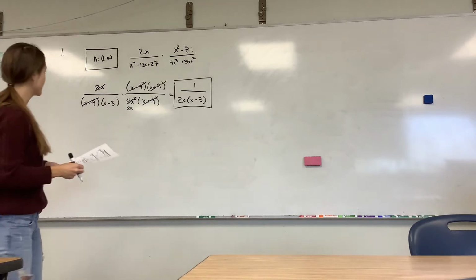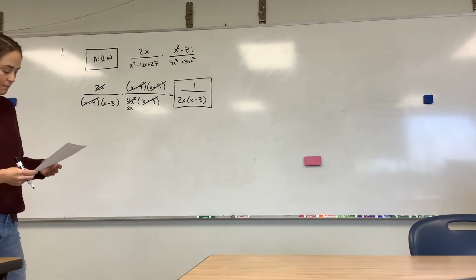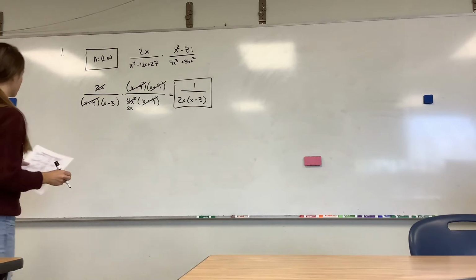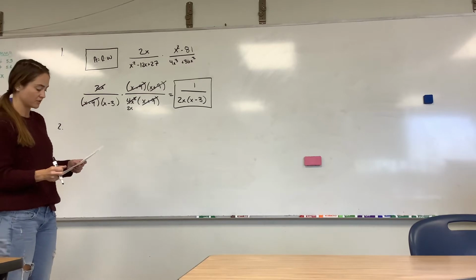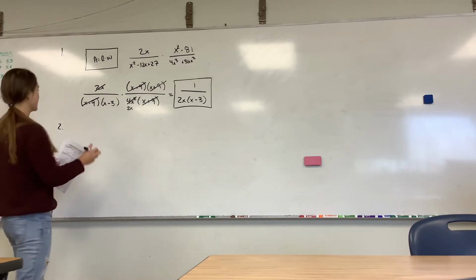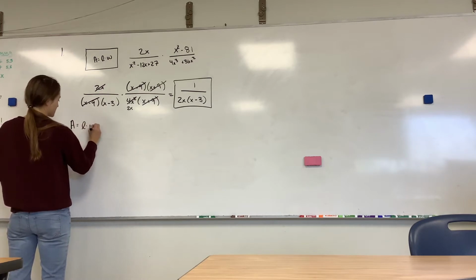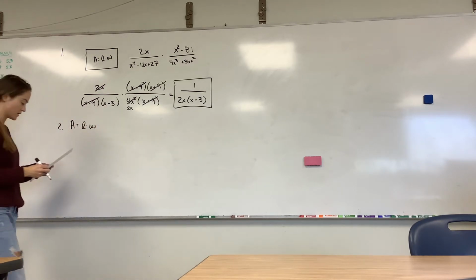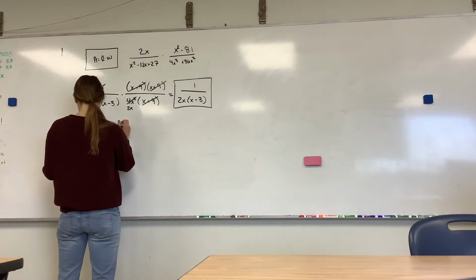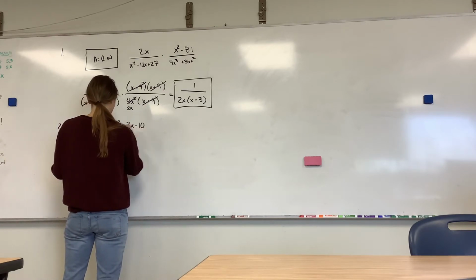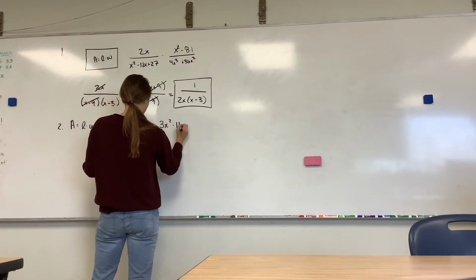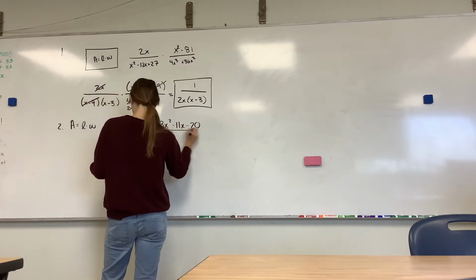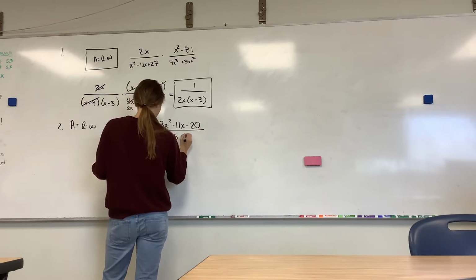The one underneath that, number 2, is the exact same problem. You just have a different set of expressions to rationalize. So if you do area is equal to a length times a width, and you would say, okay, I have x squared plus 3x minus 10 all over 7x minus 14 times 3x squared minus 11x minus 20 all over 25 minus x squared.